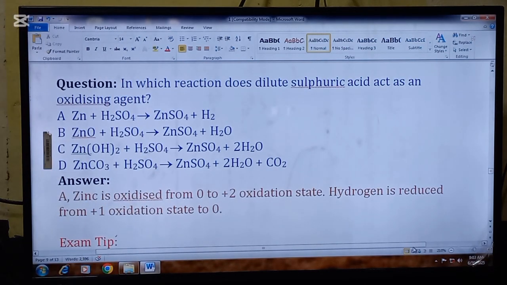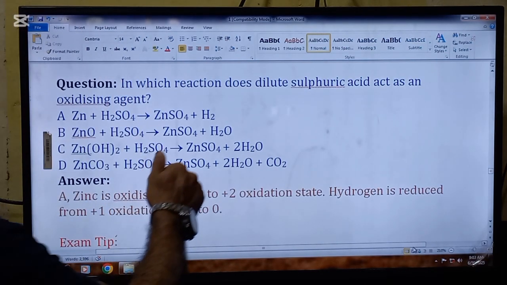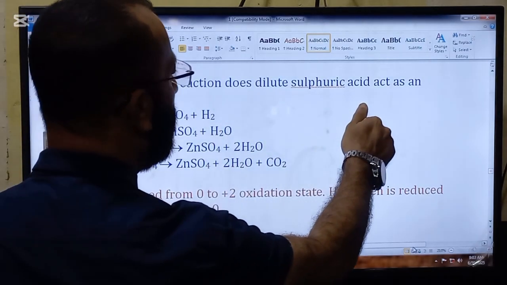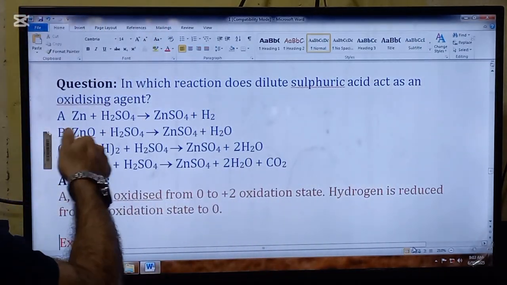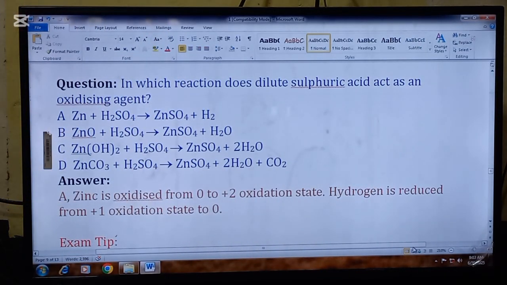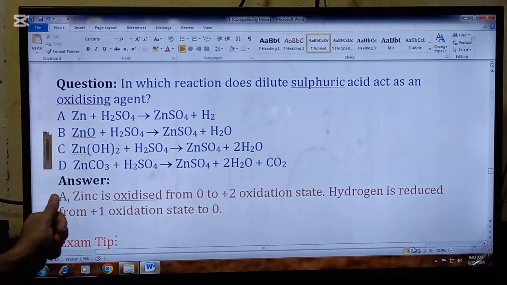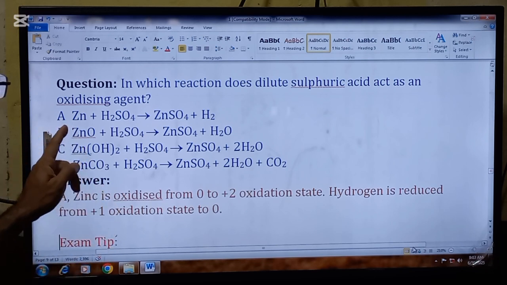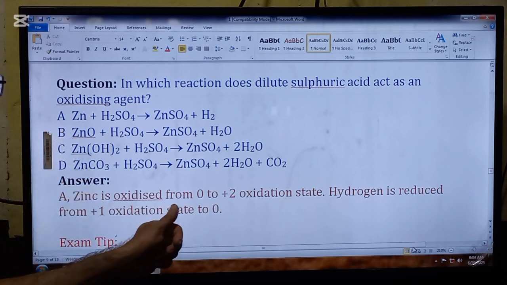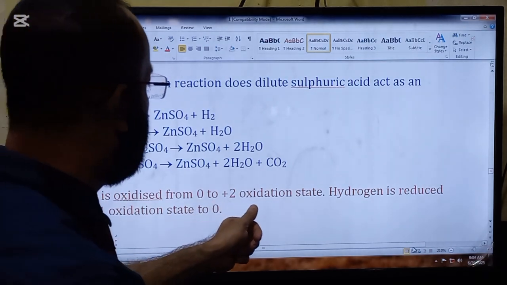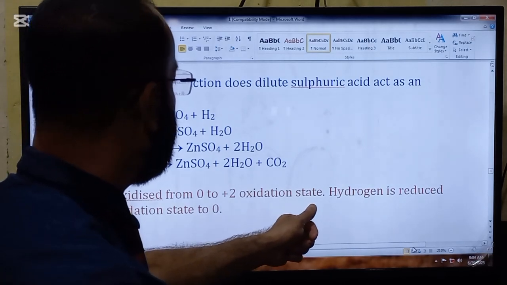Here is another question. In which reaction does dilute sulfuric acid act as an oxidizing agent? So in first part A, zinc is oxidized. If you can see, zinc is oxidized from 0 to +2 oxidation state.